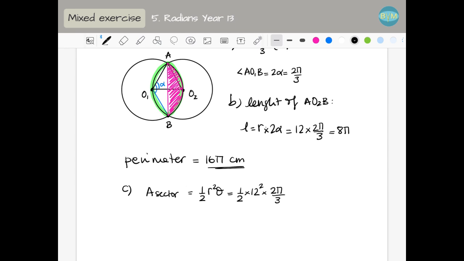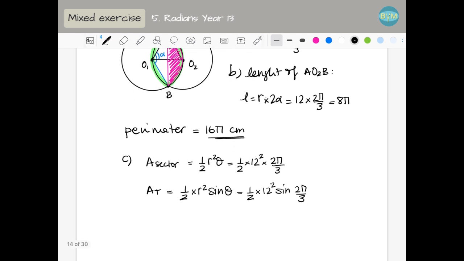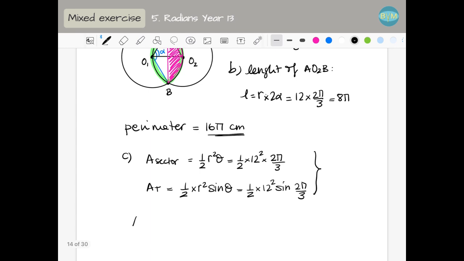And the area of the triangle is going to be 1/2 times radius squared times sine of the angle in between. So 1/2 times 12 squared and sine of 2 pi thirds. Which means the area of the pink segment is the difference between these two. So the sector, which is the largest, minus this one.